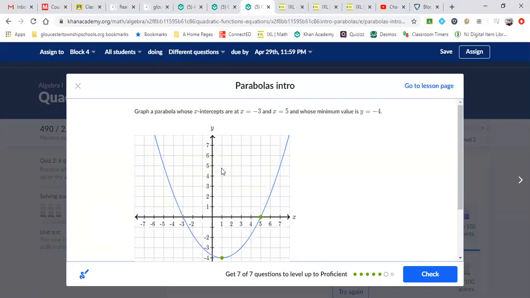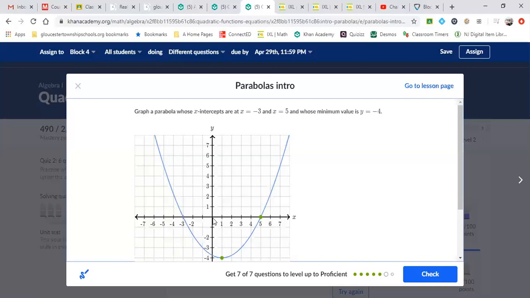My axis of symmetry, the center line of my parabola, is at x equals 1. Well, x equals 1 is exactly halfway between the two x-intercepts. From 1 to 5 is 4, and from -3 to 1 is 4. Or you could say that 5 and -3 are 8 apart, and therefore the center would be 4 away from either side.